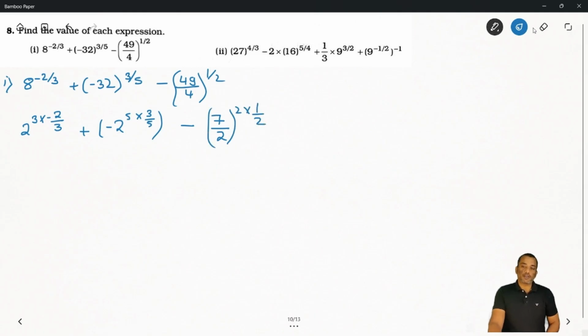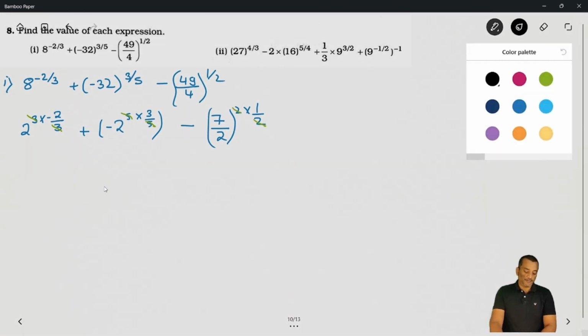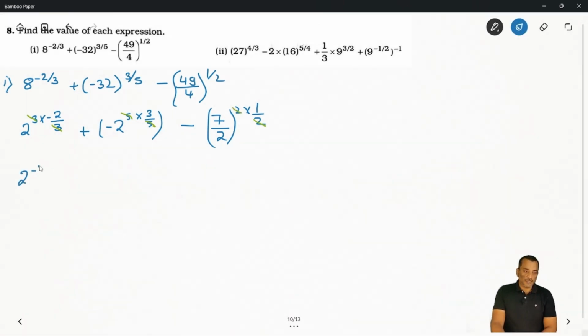Okay, now here you can say some of the terms get cancelled. So this 3 gets cancelled, this 5 and this 5 get cancelled, this 2 gets cancelled. So how much do you have left here? Here you get 2 to the power minus 2 plus minus 2 to the power 3, then minus 7 over 2.